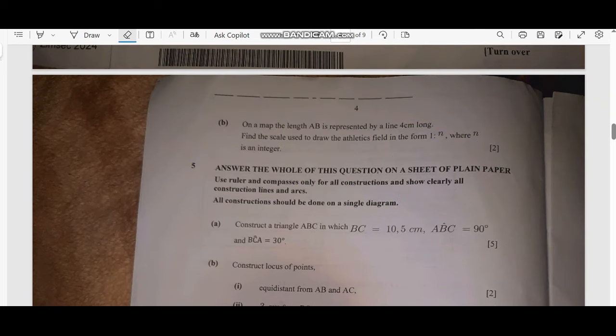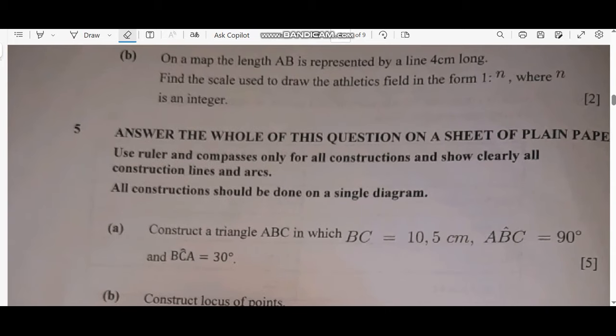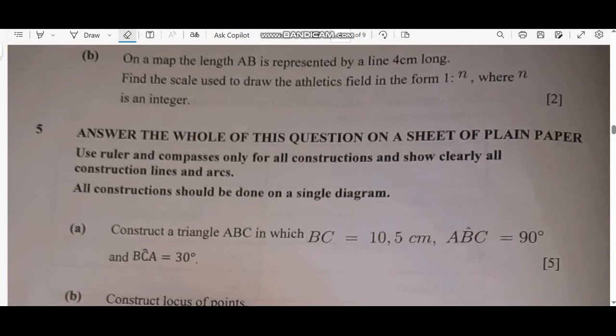Right, and the last question on number 4. On a map, the length AB is represented by a line 4 centimeters long. On the ground, AB represents 100 meters.